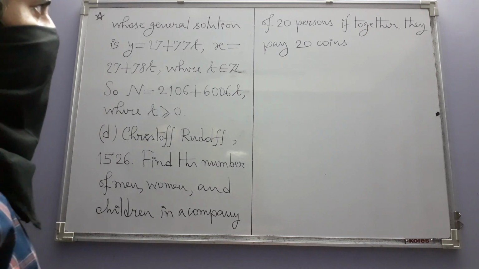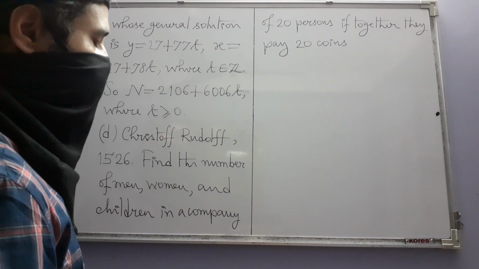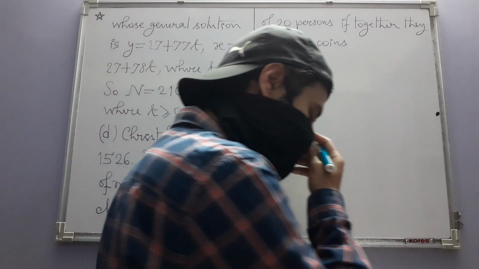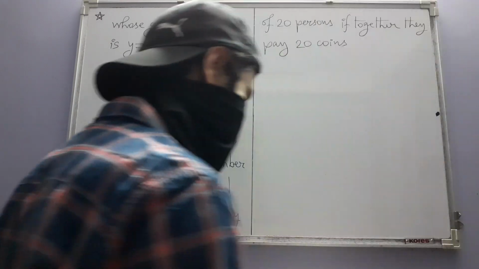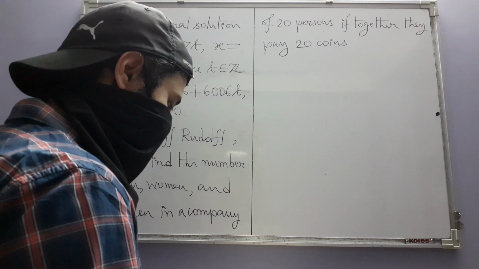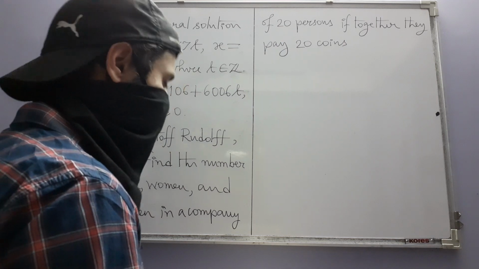Why would a crowd of men, women and children pay? Maybe they went somewhere, maybe to a fair where they are paying for some ride or something like that. 20 coins, each man paying 3, each woman 2 and each child half.